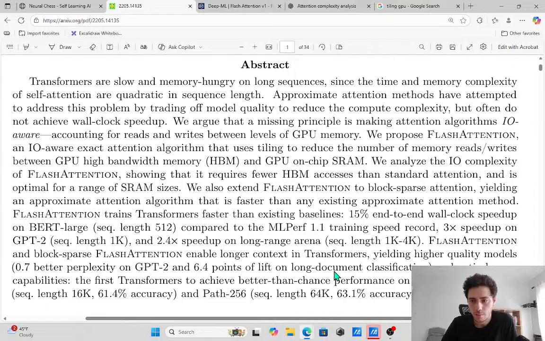Okay. Saying we got better perplexity, which is just a metric on how good these models are. First transformers that are better than chance performance on Path-X. I don't know what that is. Okay.